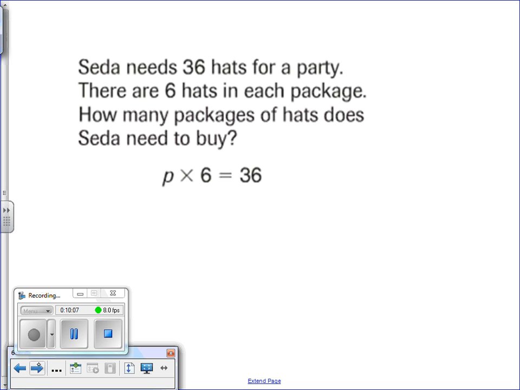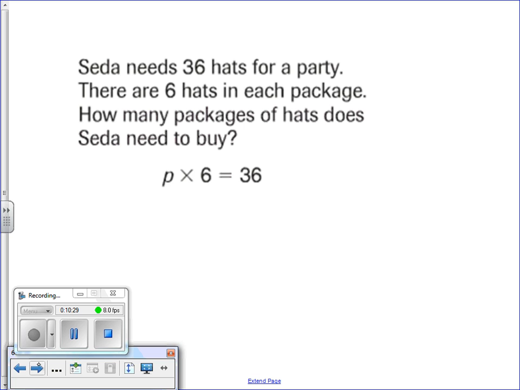Sita needs 36 hats for a party. There are 6 hats in each package. How many packages of hats does Sita need to buy? So if you look below this word problem, there is already an equation set up with an unknown factor. What is representing the unknown factor in this equation?